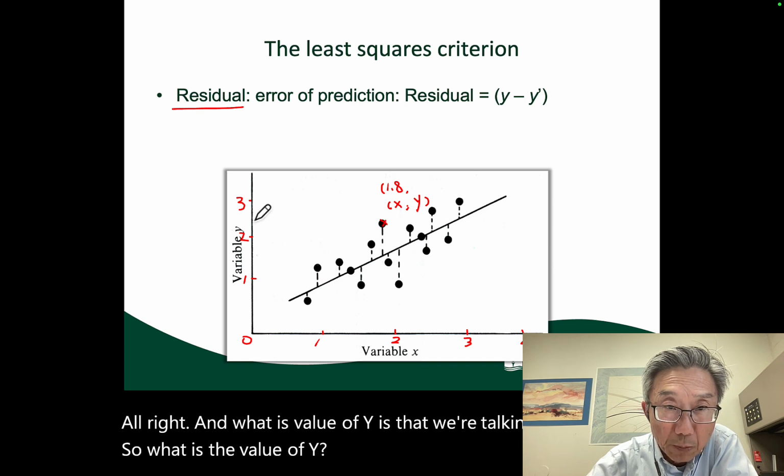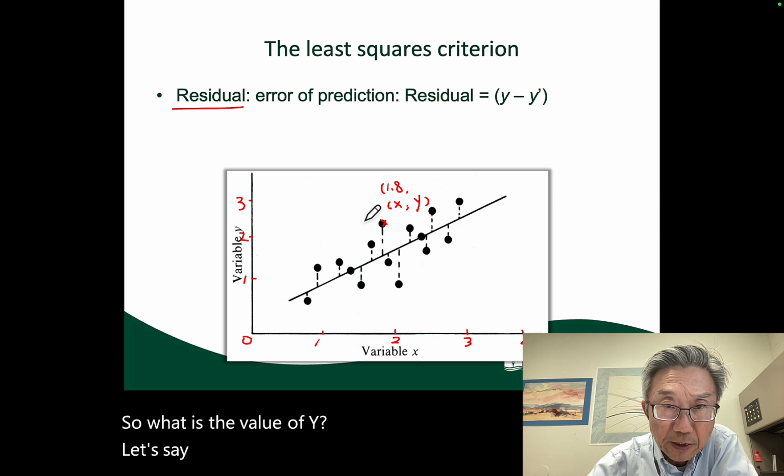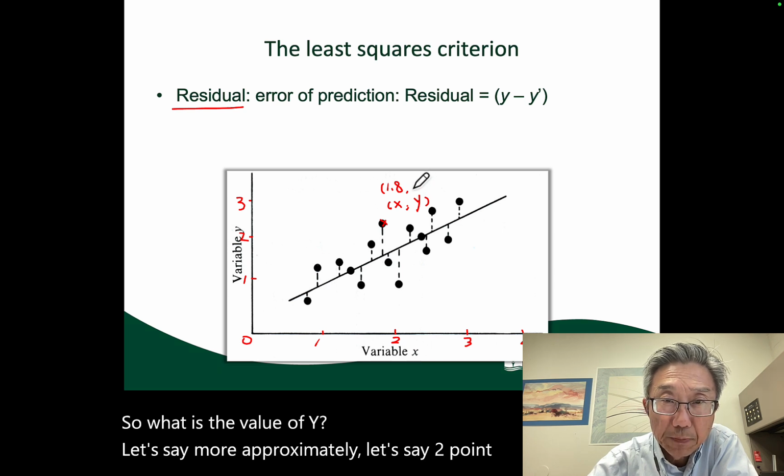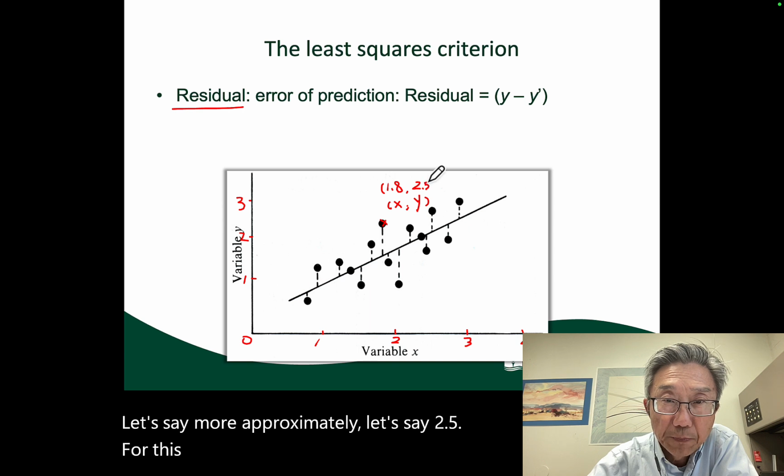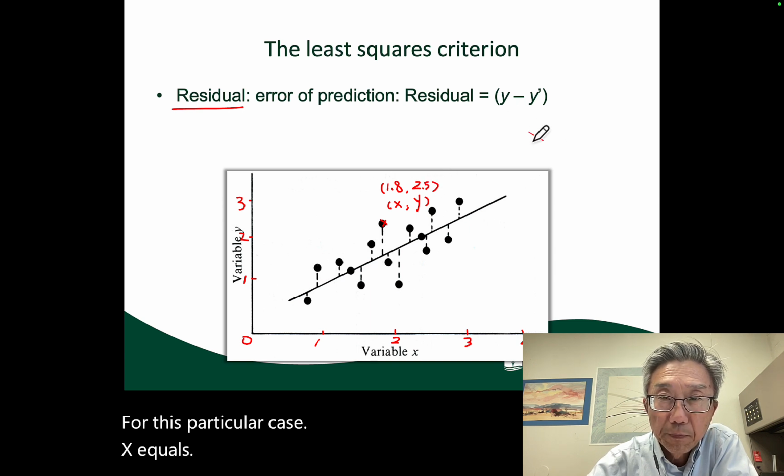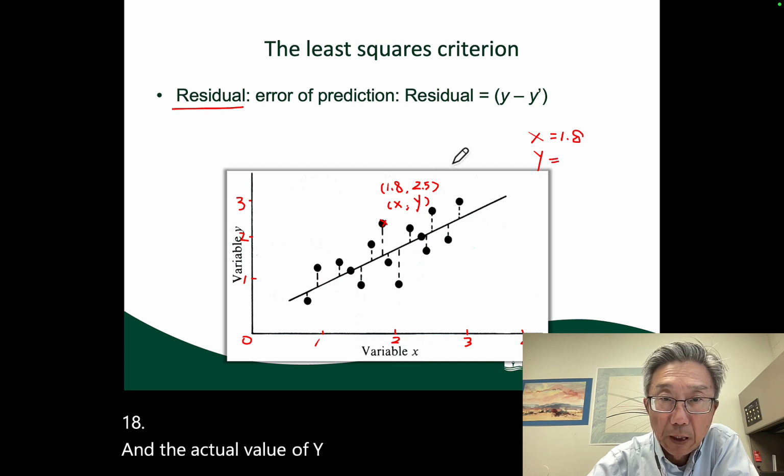Let's say approximately 2.5. Okay, so for this particular case, x equals 1.8, and the actual value of y equals 2.5.